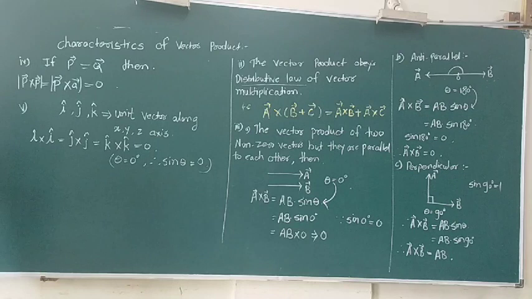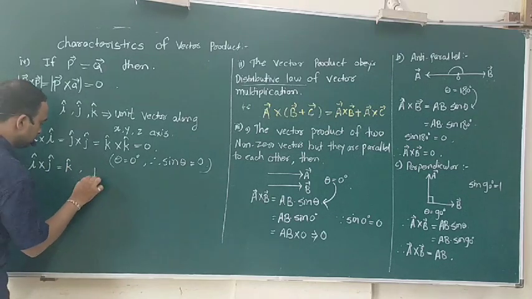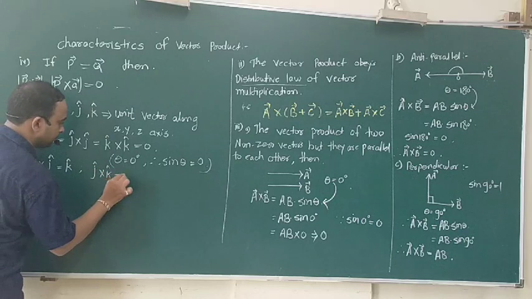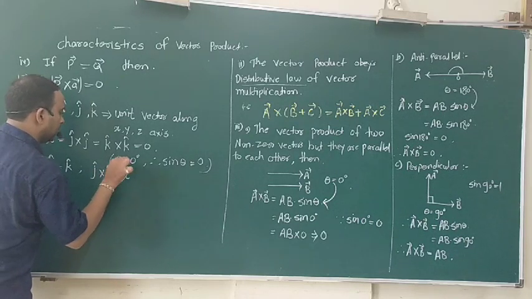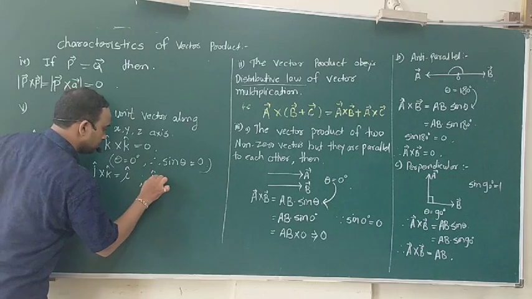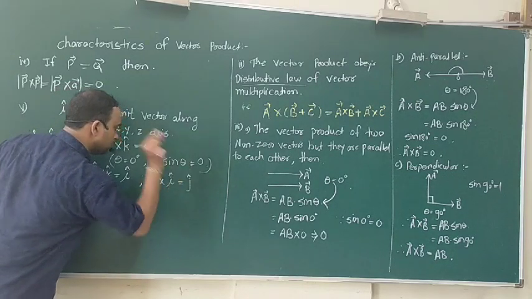Now, the vector product, that is I cap cross J cap is equal to K cap. Okay. Now, J cap cross K cap is equal to I cap, and K cap cross I cap is equal to J cap.